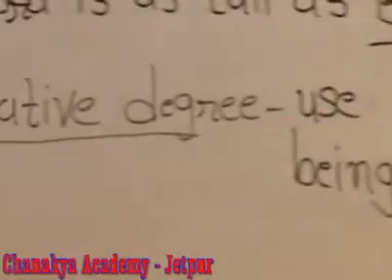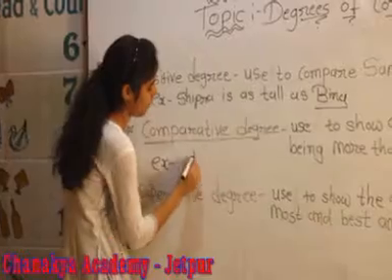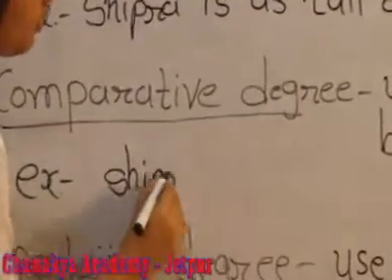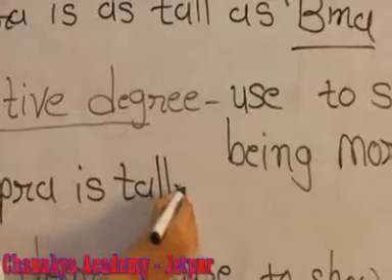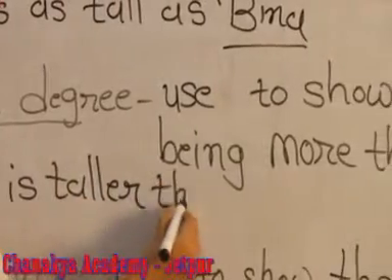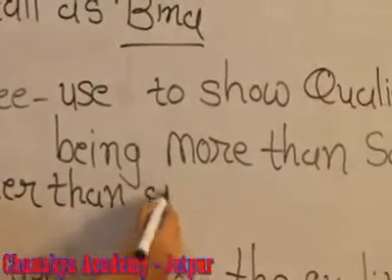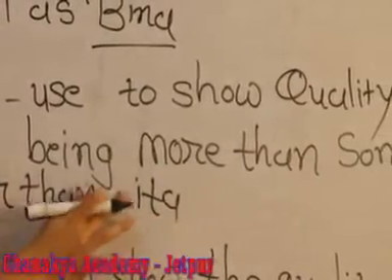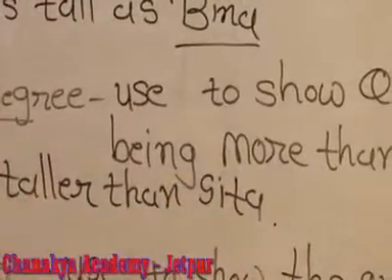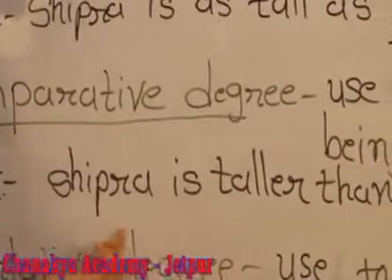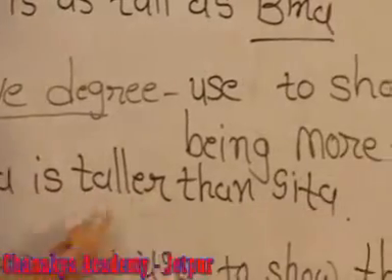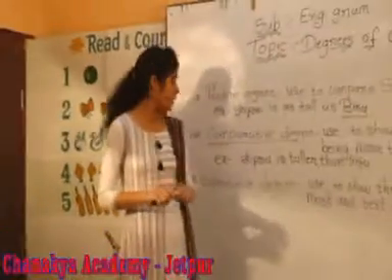As I am giving you an example: Shipra is taller than Sita. Here I am trying to say that Shipra's height is more than Sita's.